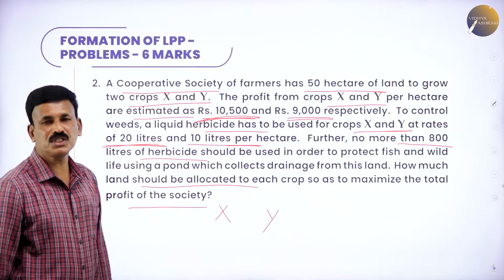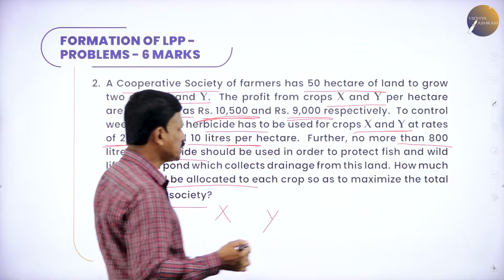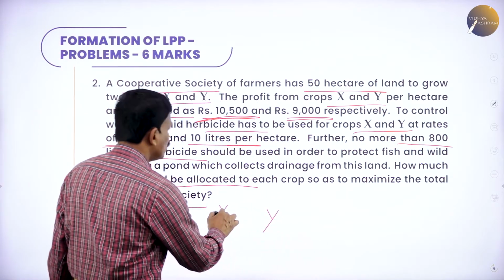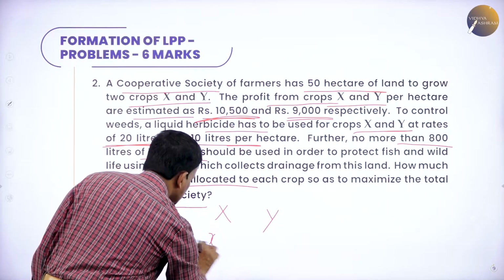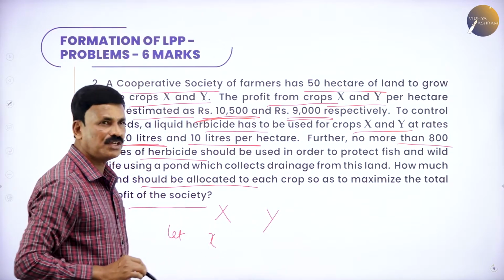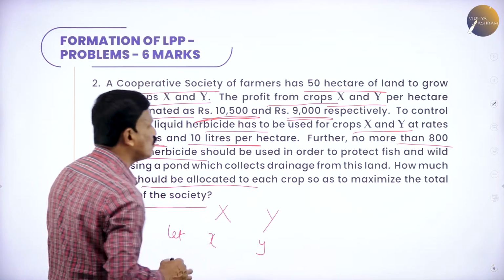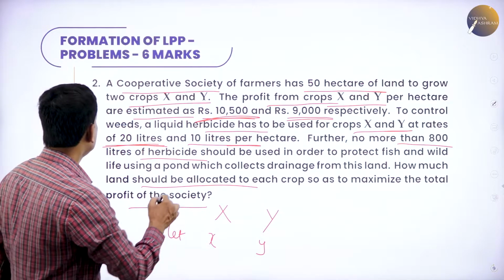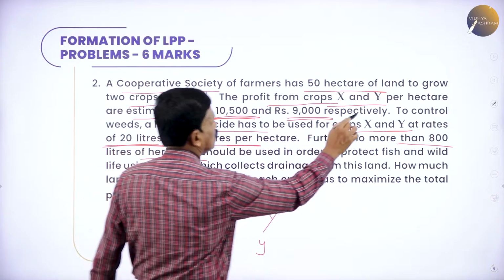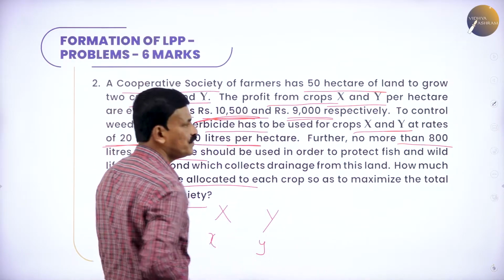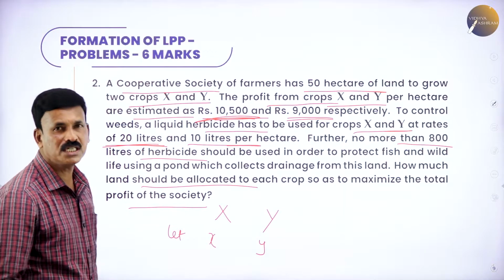So here again the objective function is to maximize. Let us define the decision variables as x and y. Let x be the decision variable for the first crop X and y for the crop Y. The profit is estimated per hectare.